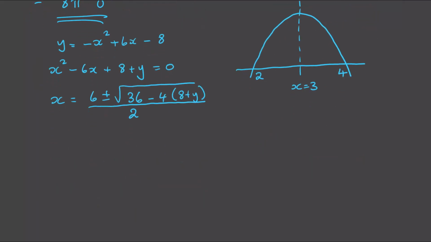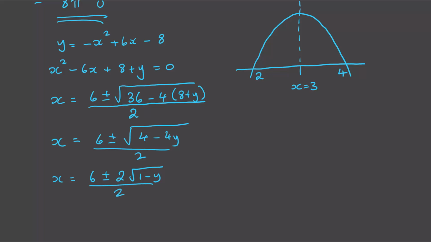And that is going to be that x is equal to 6 plus or minus the square root of 4 minus 4y divided by 2. So x is going to be 6 plus or minus 2 root 1 minus y all over 2. So that is going to be 3 plus or minus root 1 minus y.